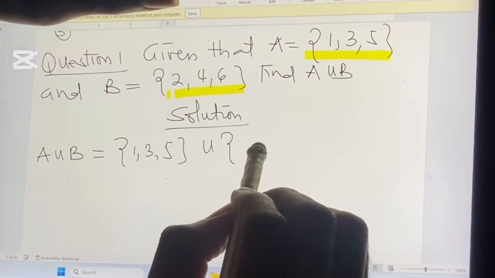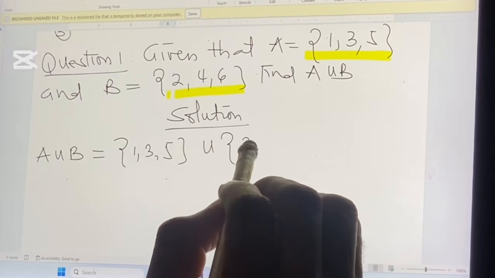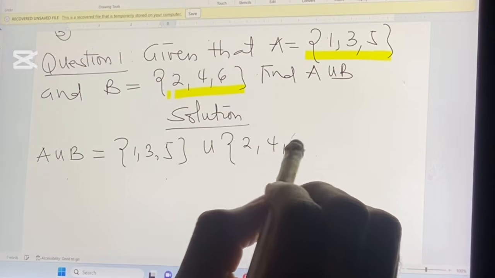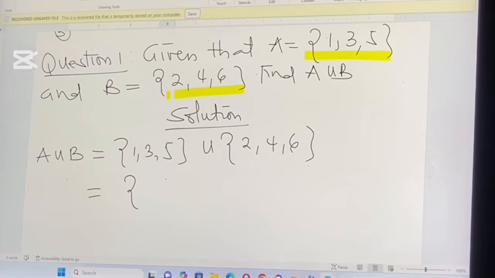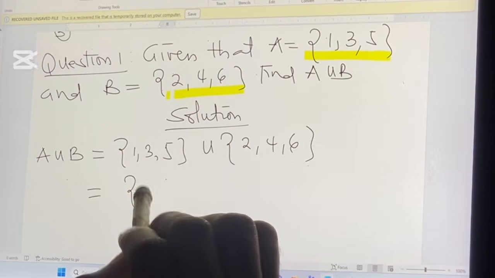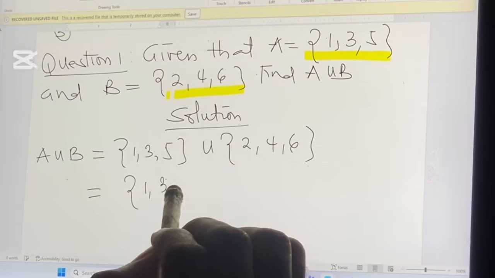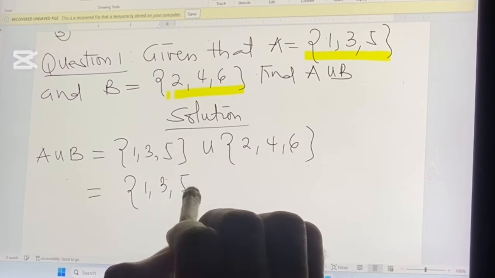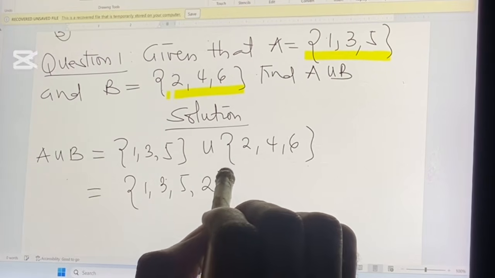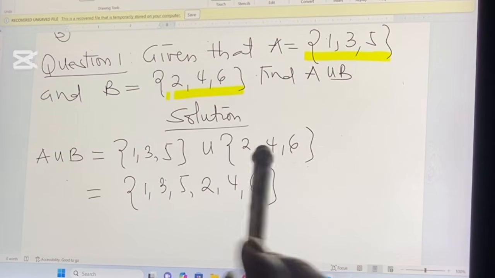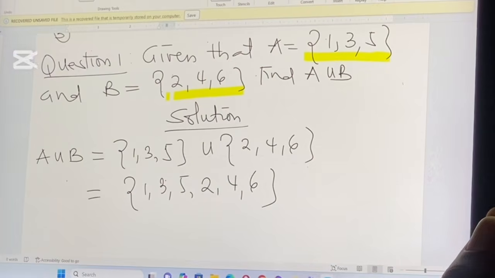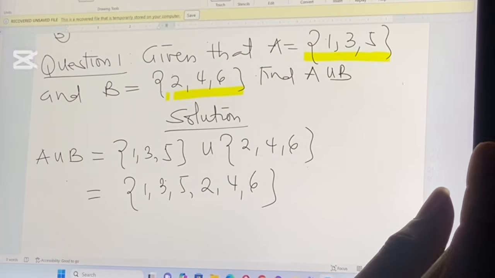The elements of B here are 2, 4, 6. So let's combine them together. I will have 1, 3, 5, 2, 4, 6. So this is the union set of A and B. Please take note.